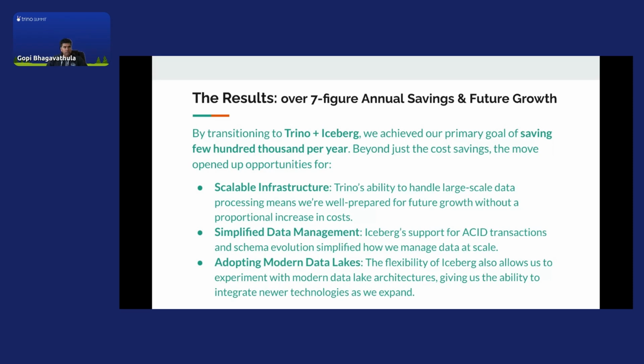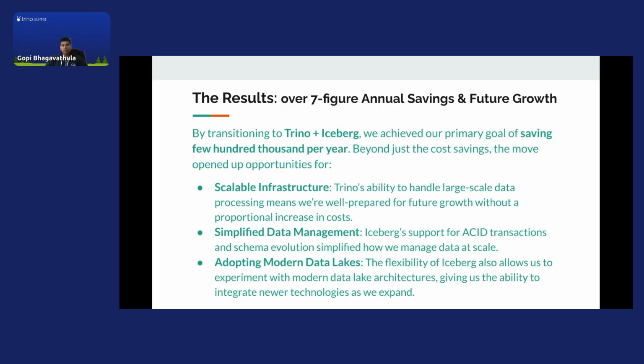Here are the results. By transitioning to Trino and Iceberg, we achieved our primary goal of saving a few hundred thousand dollars per year. Beyond just the cost savings, the move opened up opportunities for us. Some of them here I'm listing for you. Scalable infrastructure. Trino's ability to handle large-scale data processing means we were well prepared for future growth without a proportional increase in costs.